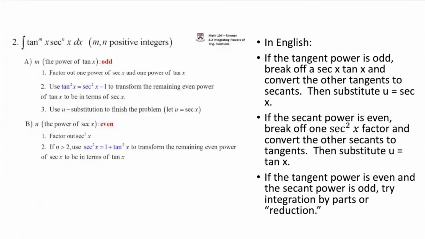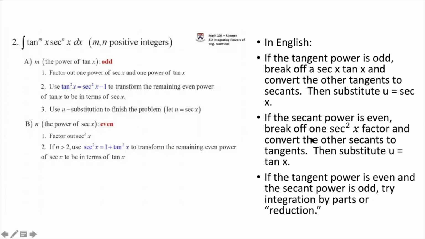Now, there are a few cases where neither one of these strategies will work. I guess the obvious one would be if the tangent power is even and the secant power is odd. But this printed version over here sort of captures some of the details of other cases where it doesn't work. For example, if the tangent power is odd and you don't have a secant x factor.